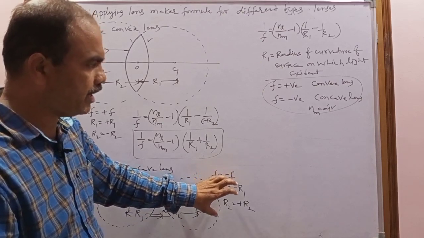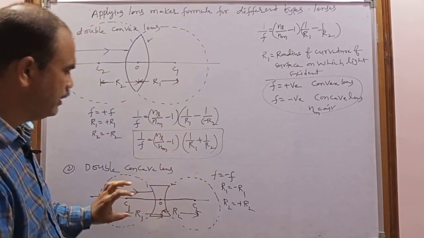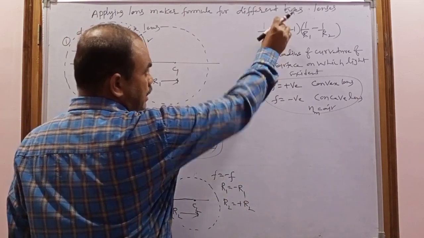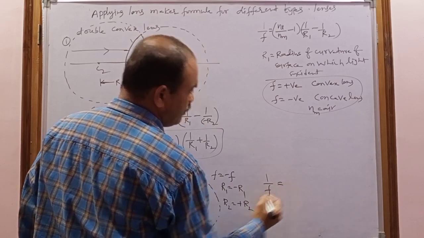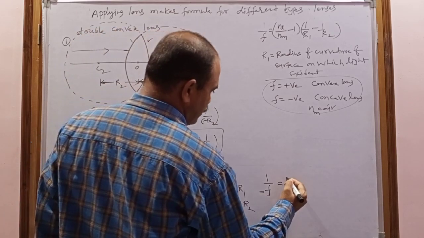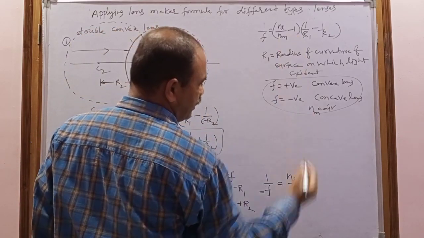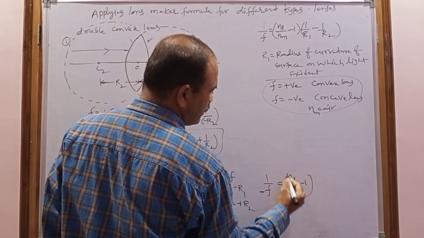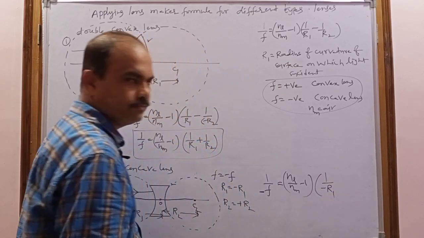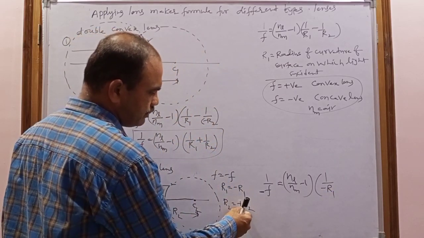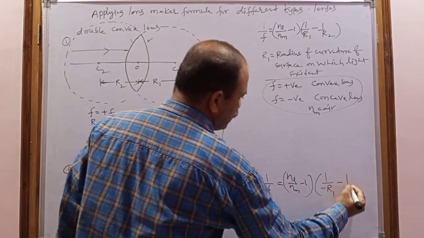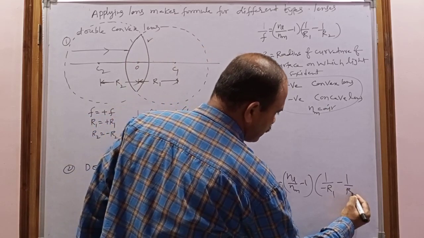Then you substitute these values in the lens maker formula, and you get the double concave lens maker formula. When you substitute in this equation, 1 by f, where f is minus f, equals the refractive index of the lens divided by the refractive index of the surrounding medium minus 1, into 1 by R1, where R1 means minus R1, and next minus 1 by R2, where R2 is plus R2.